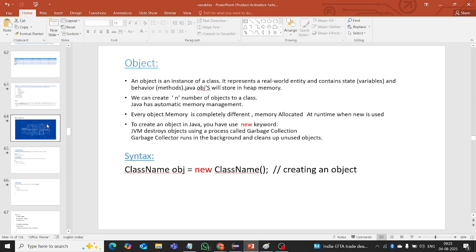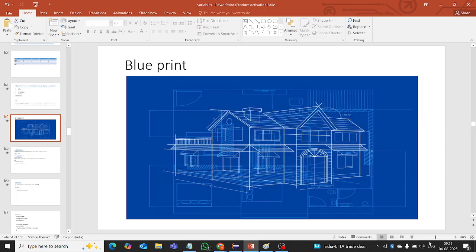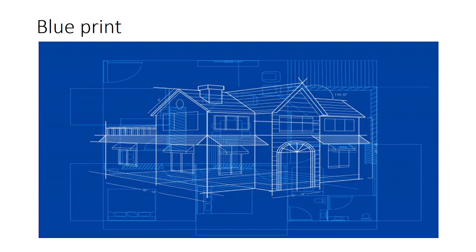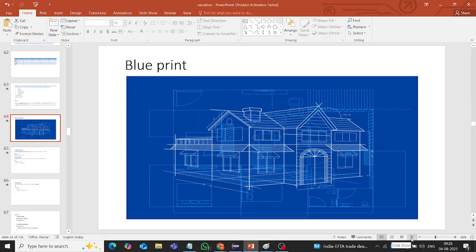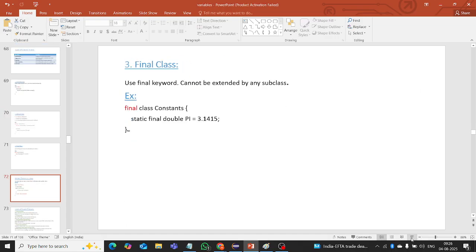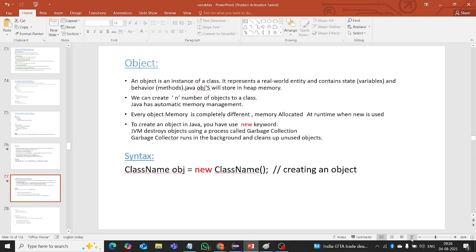Suppose I have this one. What is this? This we call a class, nothing but a blueprint. With the blueprint we can't create a house. Based on this reference only, we have to create that one. That reference is nothing but the object, right?